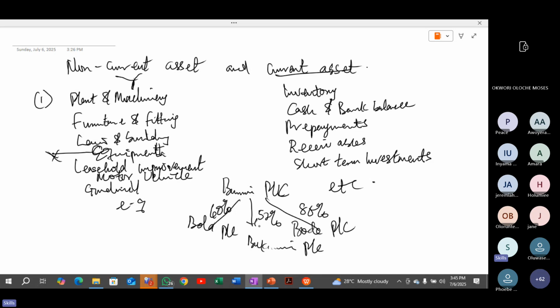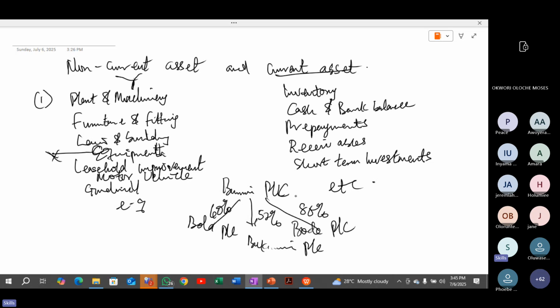But if maybe my organization has the intention of disposing of a particular group or a particular segment under this account, that means you want to discontinue that group from existing.